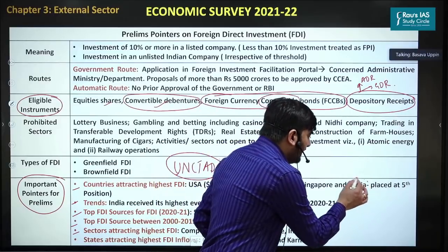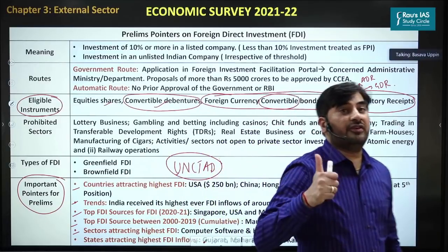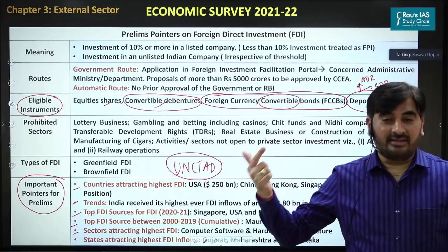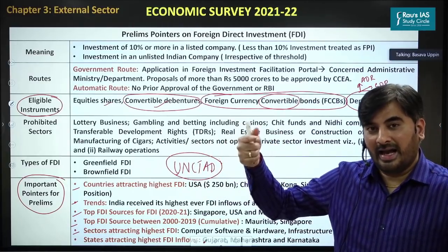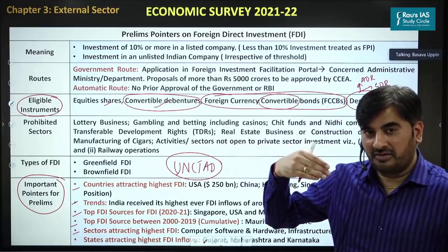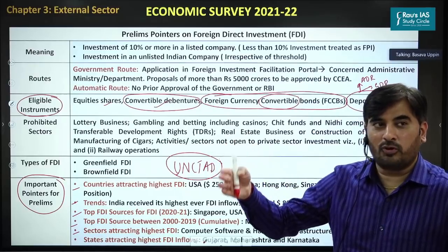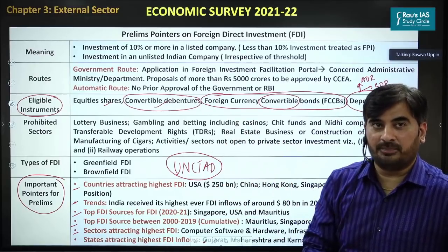And as you can see, India is presently placed at which position? 5th position. Last year, India was placed at 9th position. India has attracted more FDI inflows, and that is why India's position has improved from 9th to 5th.